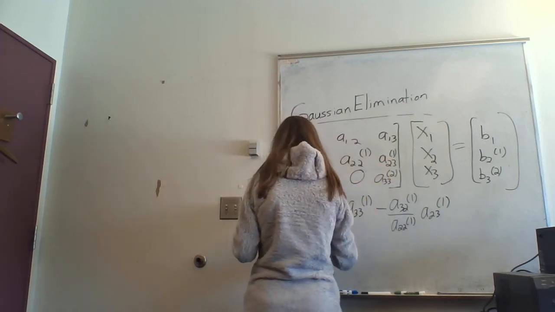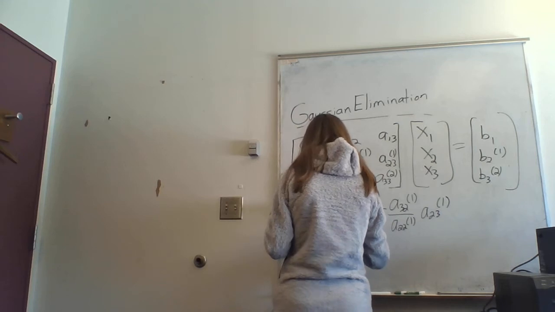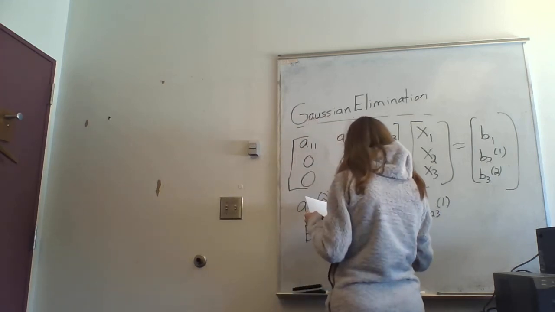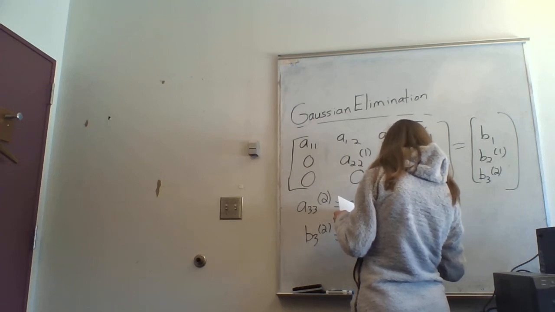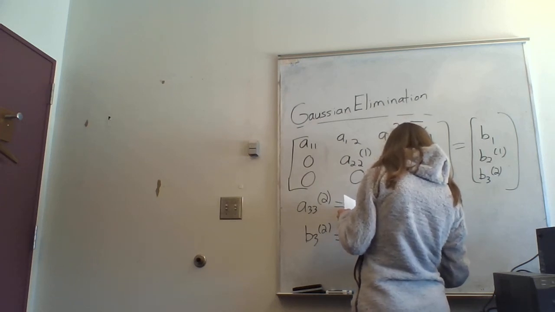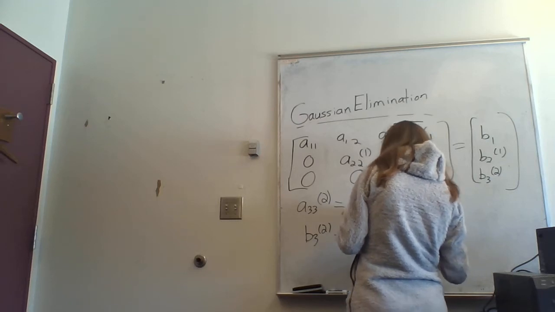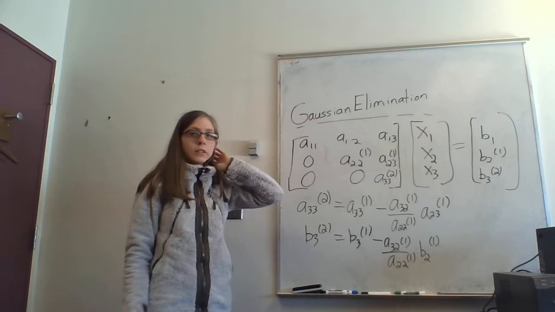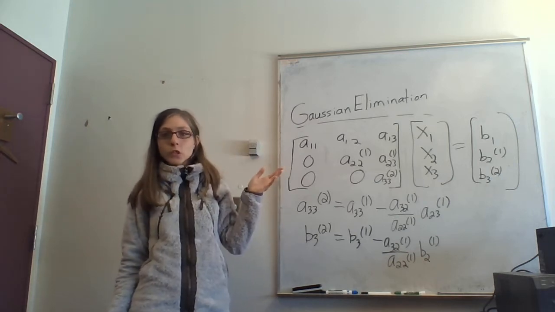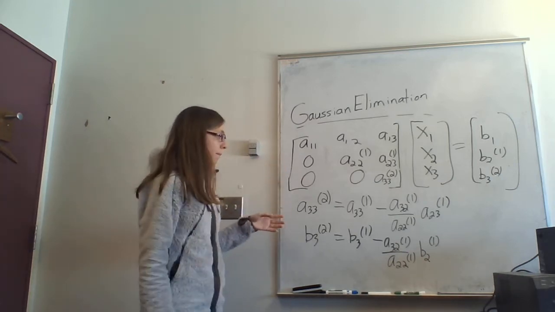So then the B32 is equal to B31 minus A321 over A221 times B21.